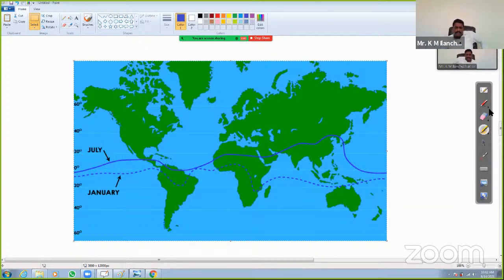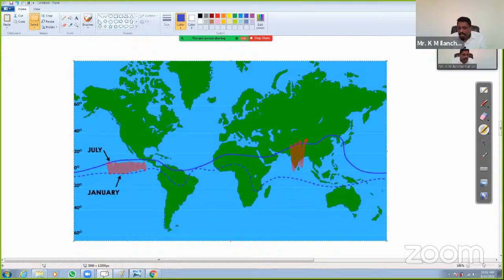Now, my dear friends, you may ask me, okay, the sun's vertical rays are shifting in a uniform fashion, but why is this ITCZ not shifting in a uniform fashion? There are a number of fluctuations here and there. Why? Because, number one, the land and water divide. Wherever you have water, the fluctuation will be minimum.